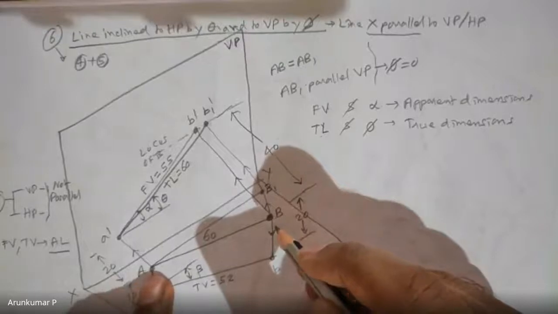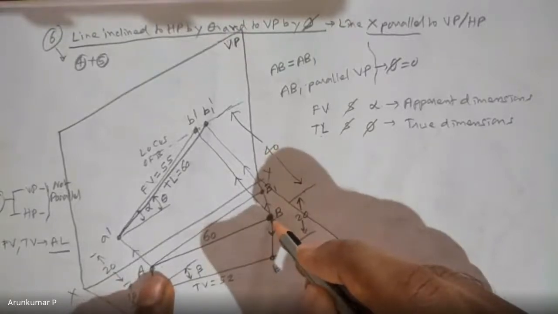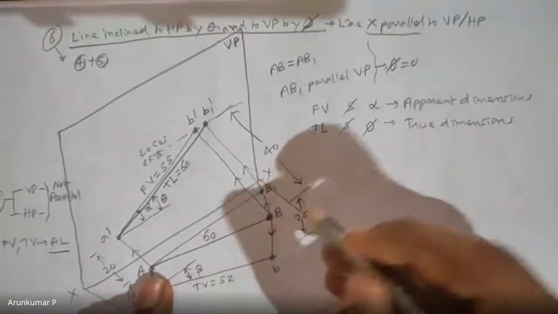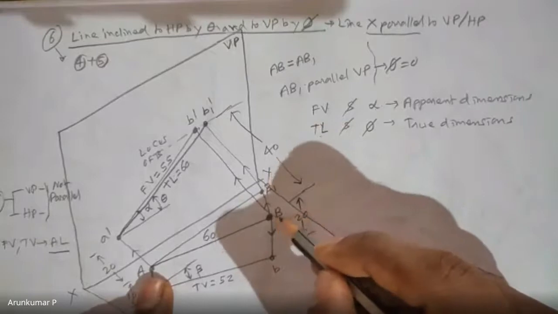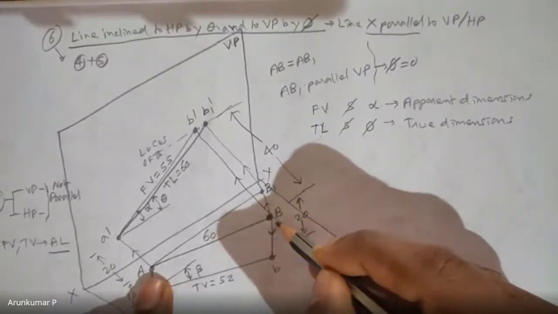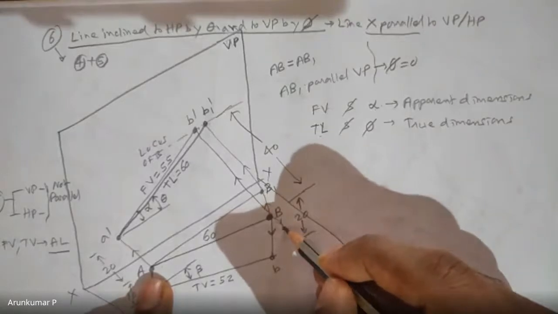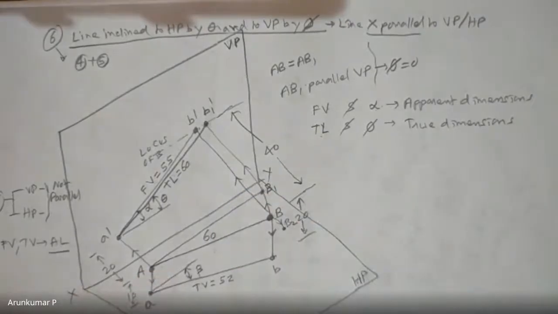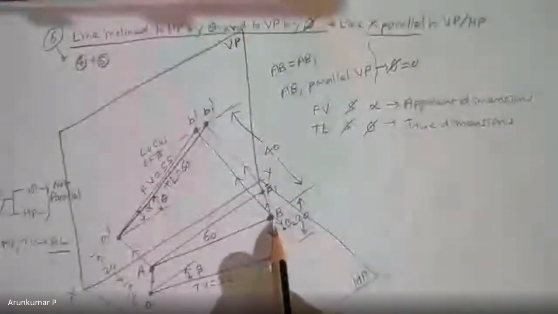A fixed, I'll rotate the end B and bring it nearer to HP so that it becomes parallel to HP. Please observe what I do. B2. I hope you can see this rotation.